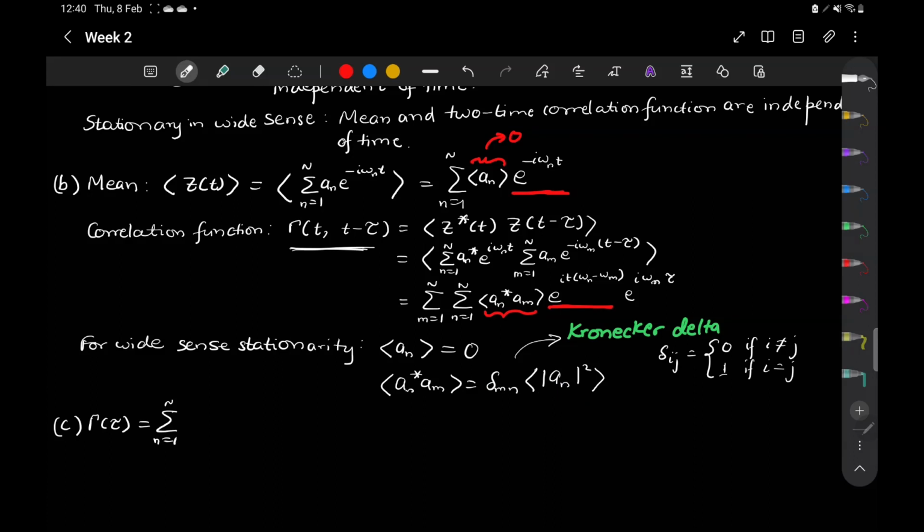So that's what I'm writing over here now: mod an squared exponential of i omega n tau.